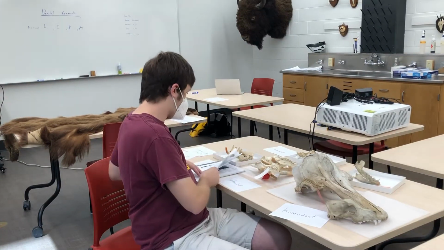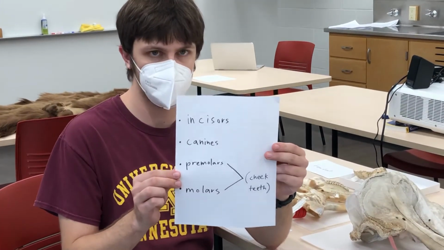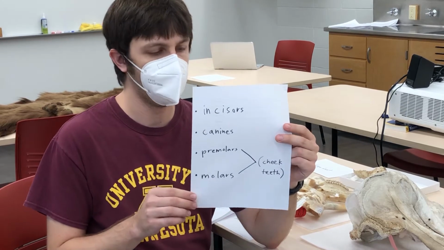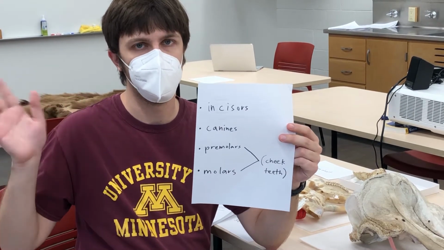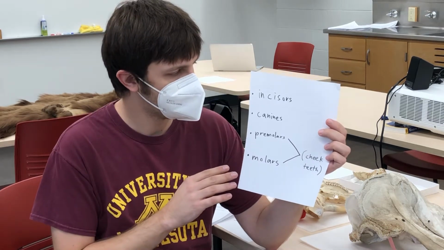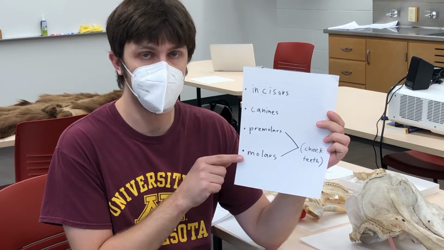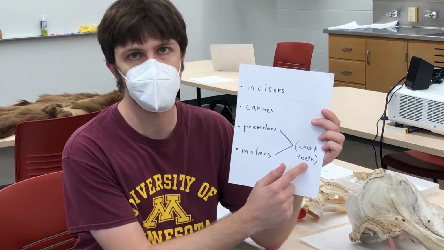The 4 teeth, as I just listed, are incisors, canines, premolars, and molars. When we talk about dental formula, we'll get into the numbers of these different types. Something to note is premolars and molars are often difficult to tell apart, so sometimes we just call them cheek teeth.